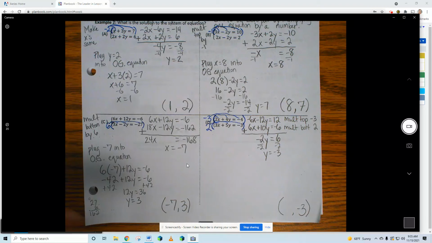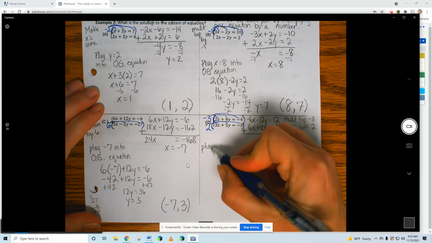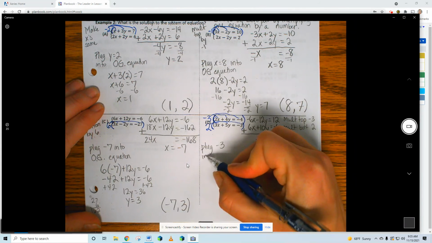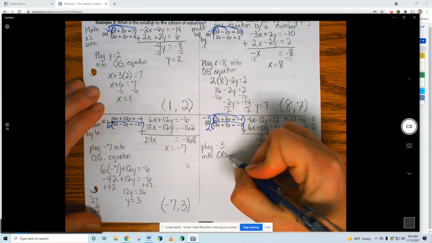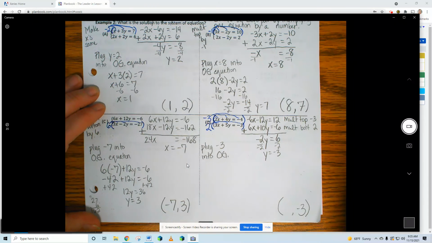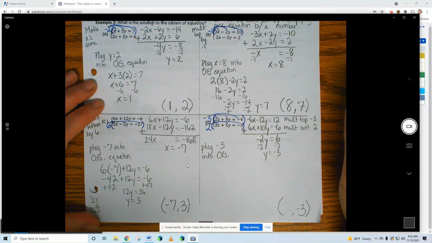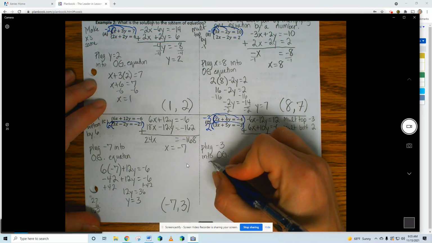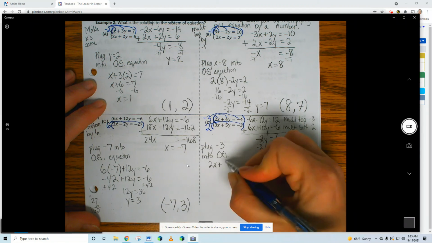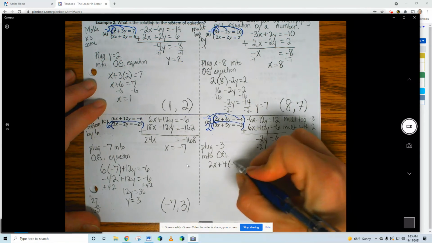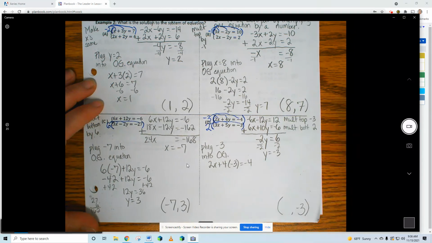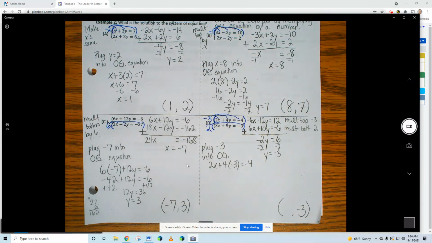Okay. Plug negative 3 into one of your originals. Plug negative 3 into one of my originals. It doesn't really matter, guys, which one you plug it into. Top, I guess. 2x plus 4 times negative 3. 2x plus 4y equals negative 4.